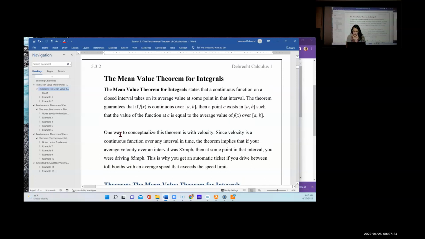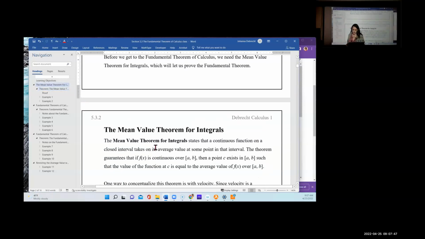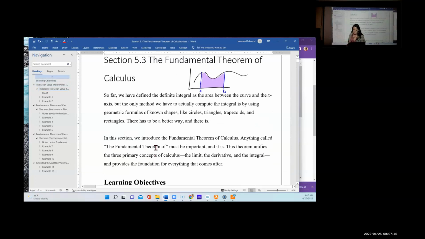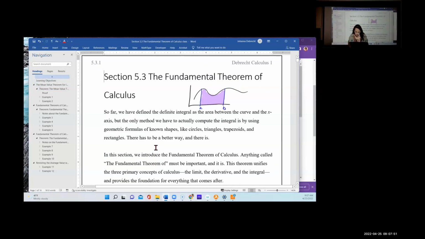Now we want to compare that to the mean value theorem for integrals. The mean value theorem for integrals takes on the meaning of the average value. So remember earlier when we were studying section 5.2, we talked about the fact that there could be some kind of average y value.